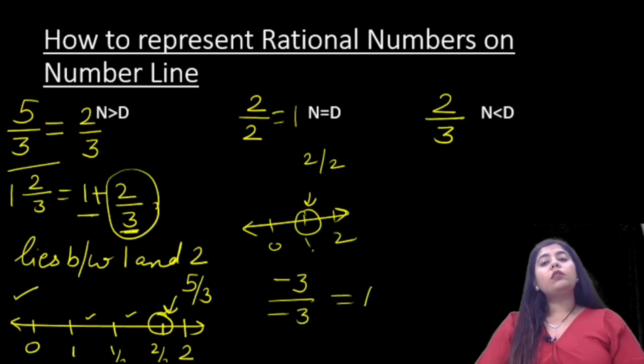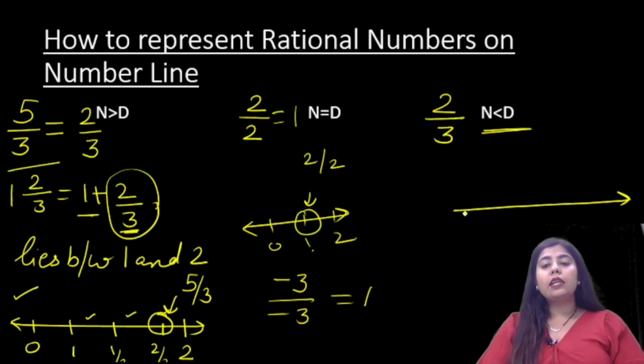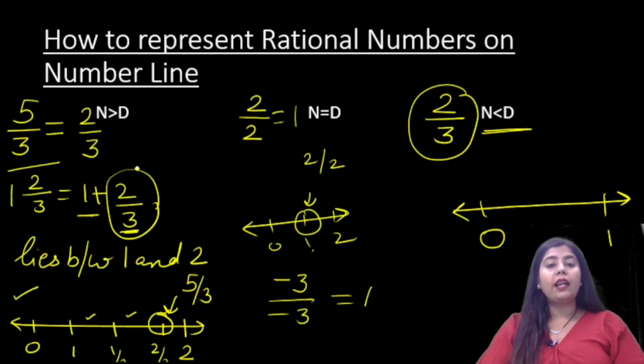Okay. Now the third case is when the numerator is less than the denominator. If the numerator is less than the denominator, it lies between 0 and 1 on the number line, because we don't have a whole part before this fraction as we had in 5 upon 3.